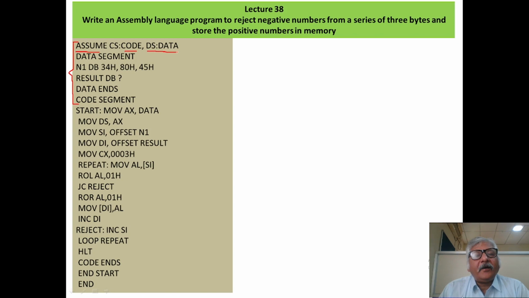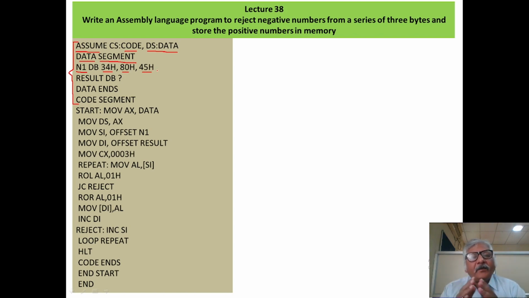We start our data segment now, and here N1 DB, then we will write our three numbers 34H, 80H and 45H. So these are our three numbers: 34H, 80H and 45H.